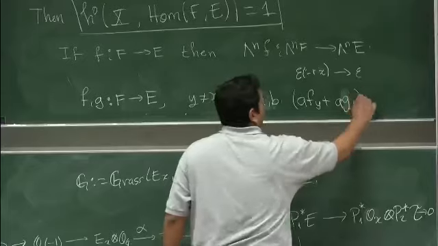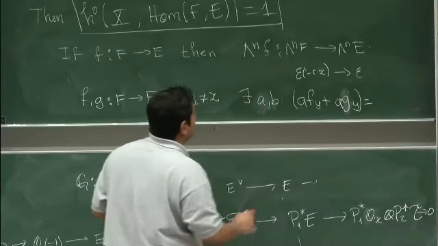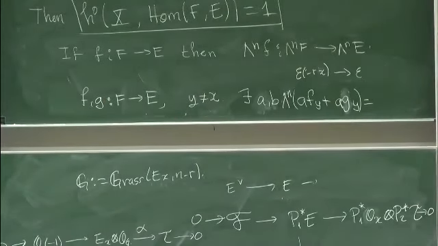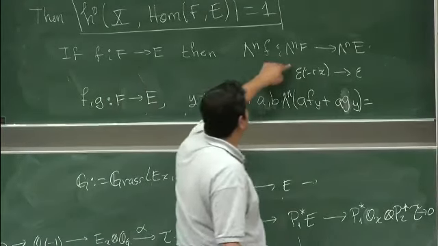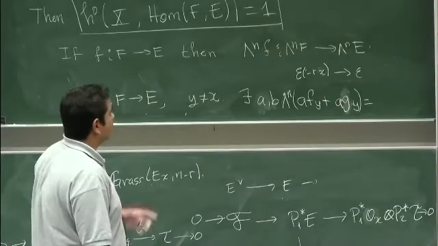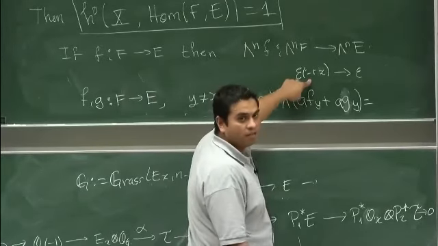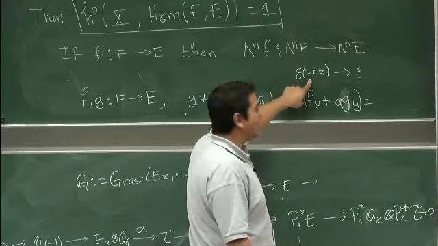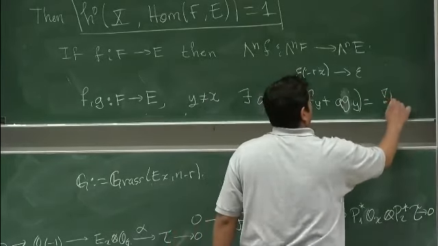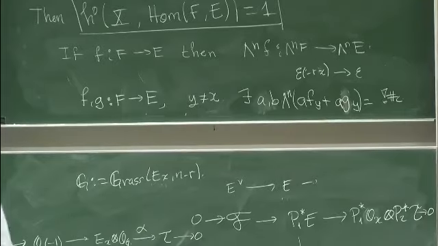If this morphism is not an isomorphism, then you can take the morphism to the determinant, and then it is 0 at y. But this is not possible because this is 0 only at x, and the multiplicity is exactly r. Then this will be a contradiction in this case.